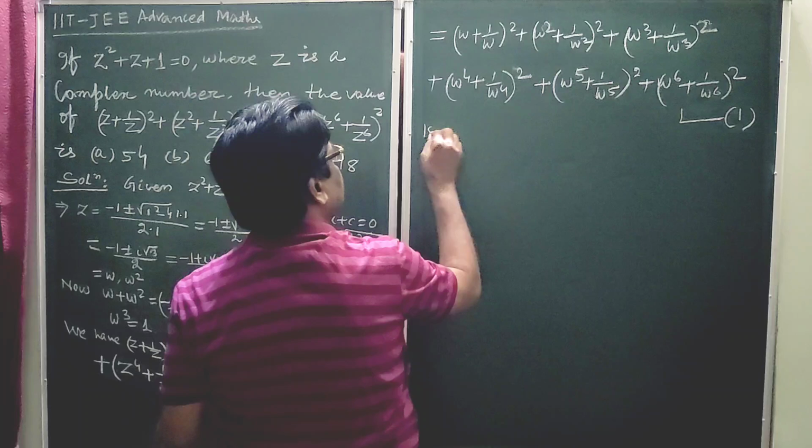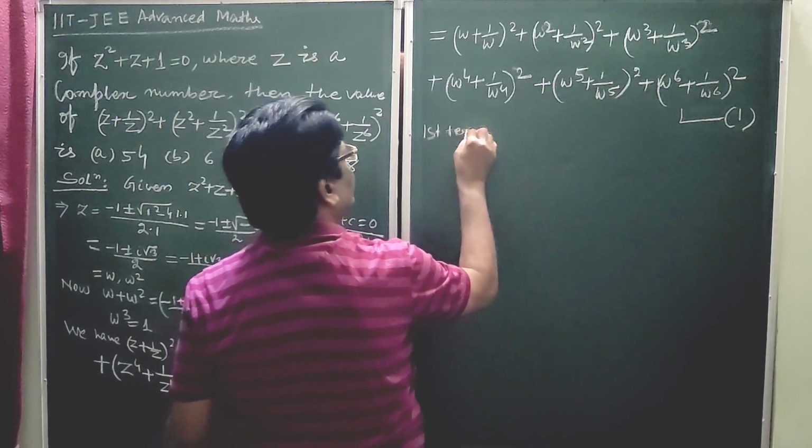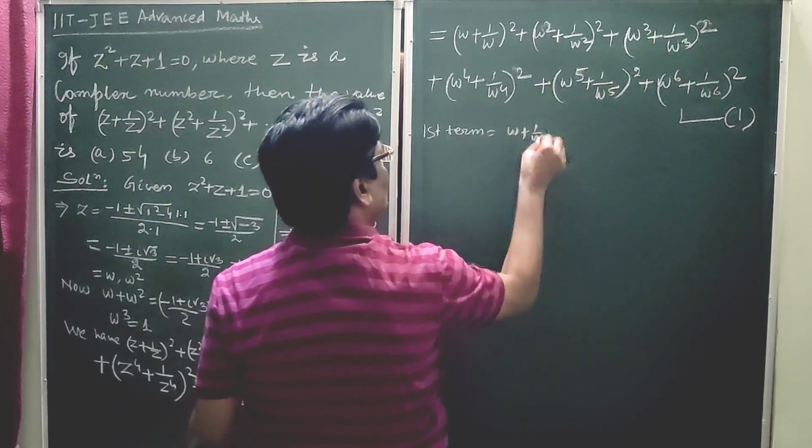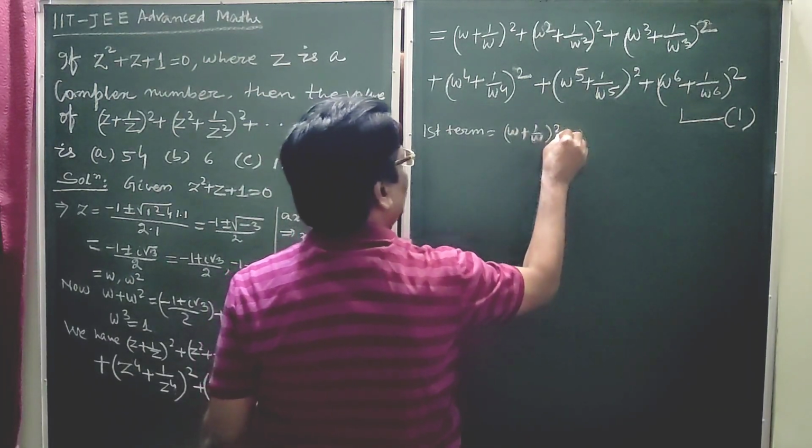Now first term is equal to (omega plus 1 by omega) whole square.